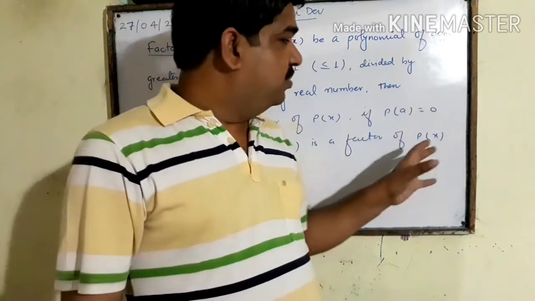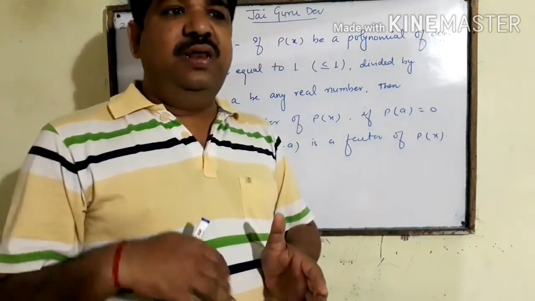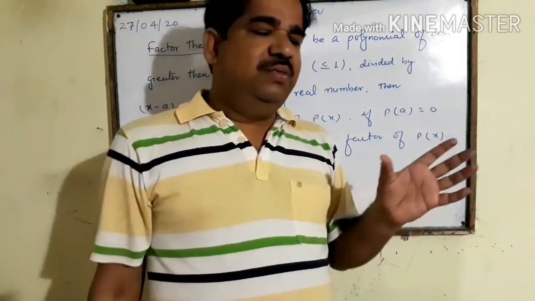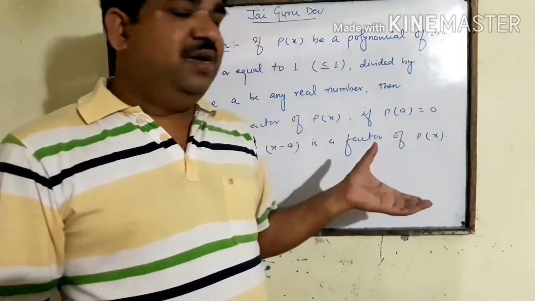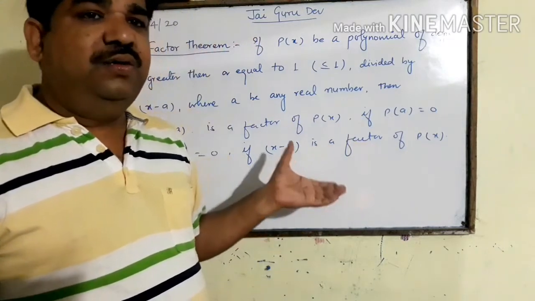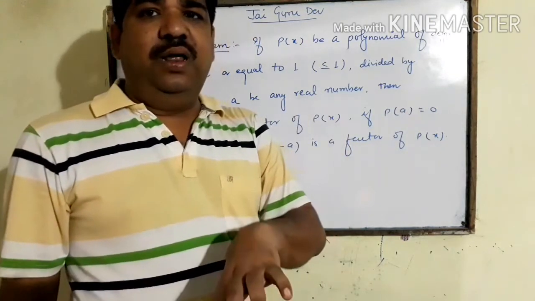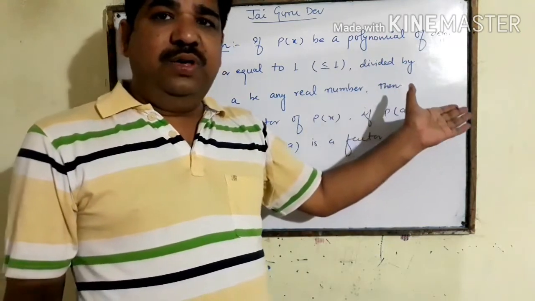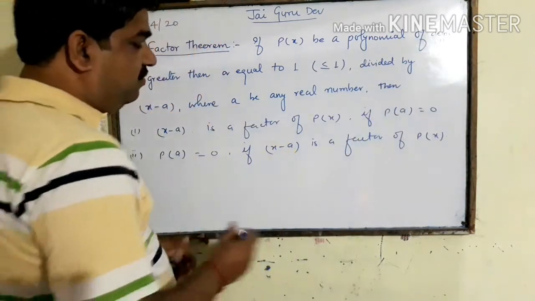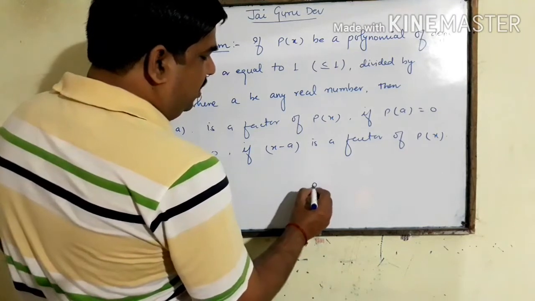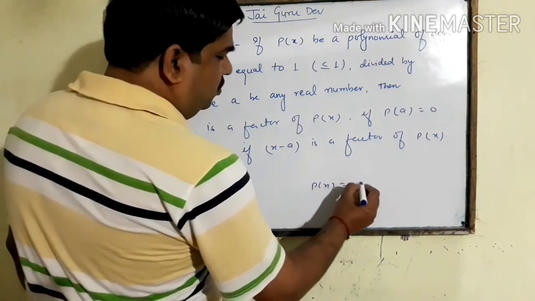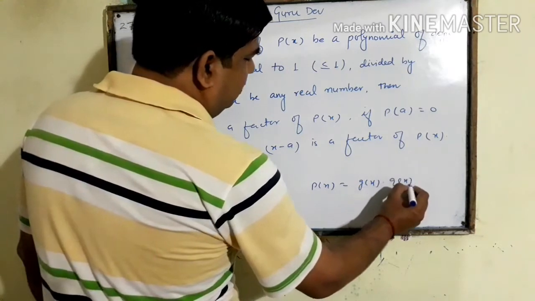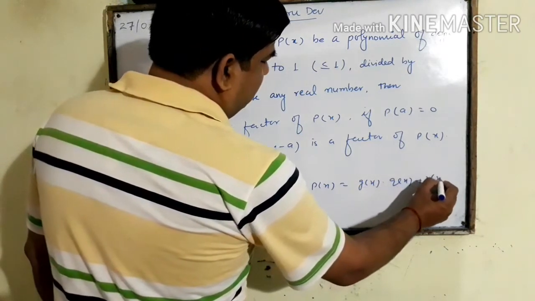We studied this concept in the number system too, through Euclid's division lemma, as well as in the polynomial division algorithm, where we learned that p(x) equals g(x) into q(x) plus r(x).